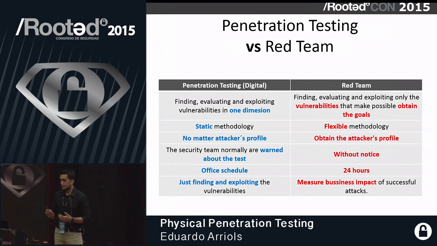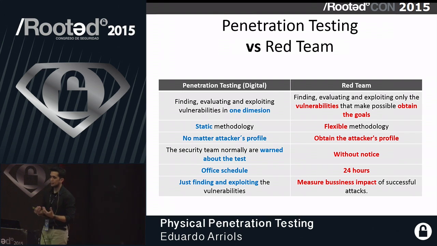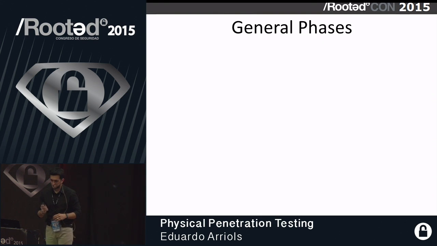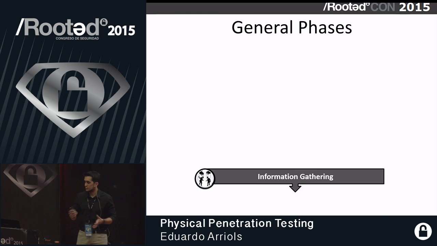In penetration testing, you find and exploit vulnerabilities, and the Red Team is about measuring the business impact of successful attacks. When you do an intrusion or an attack, you only look at one aspect of the security in the company. In the Blue Team, that's what you do. But in Red Team, you know the assets of the company and you want to measure the impact of a real attack.